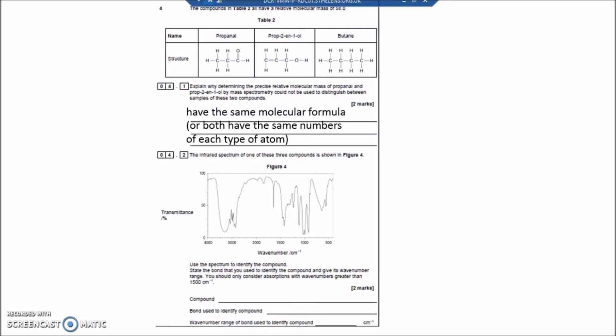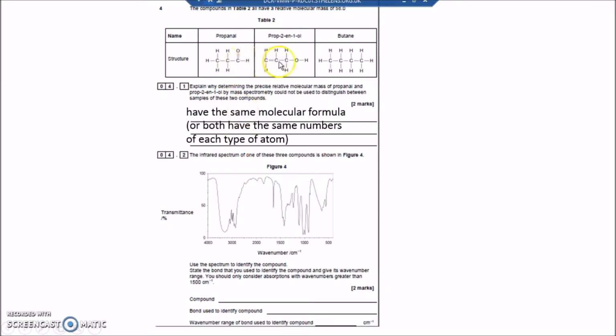Use the spectrum to identify which of the compounds this is. Well, here you've got a broad OH absorption at around 3,000 to 3,500. Anywhere around this region is an OH.